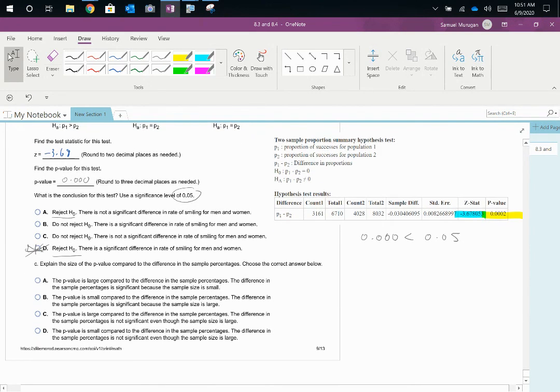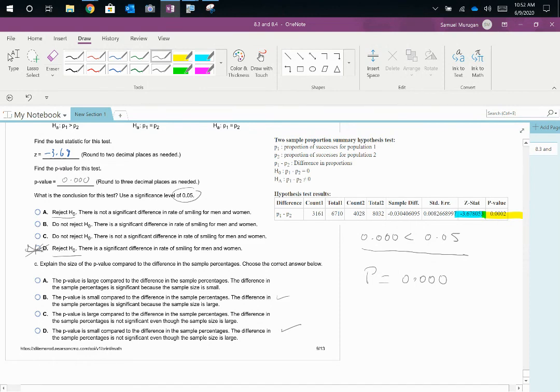Finally, explain the size of the p-value compared to the difference in the sample percentage. So clearly the p-value is very small. Okay, the p-value is 0.000, and we're looking at possible answers B and D. And now let's look at the explanation.